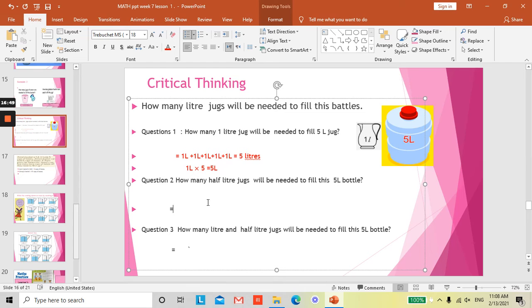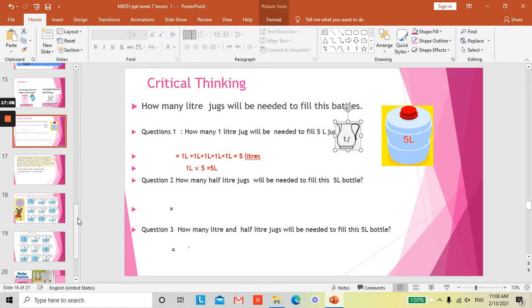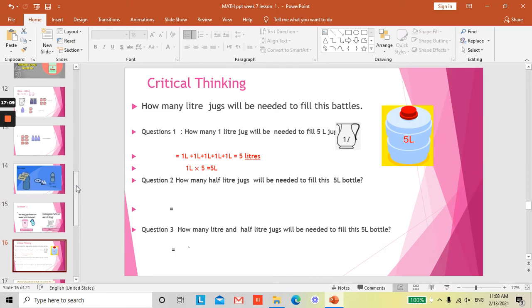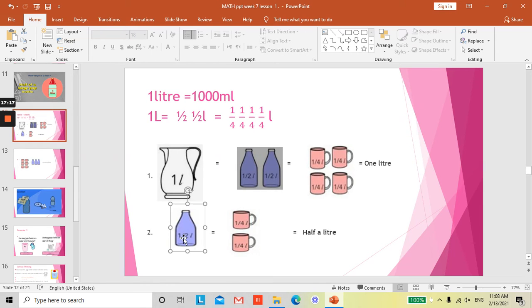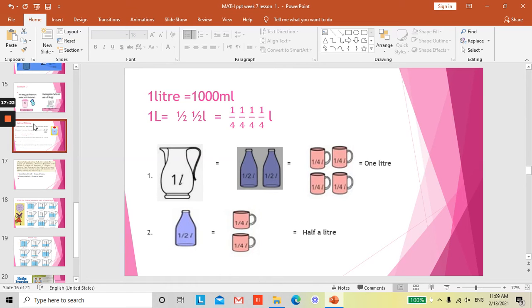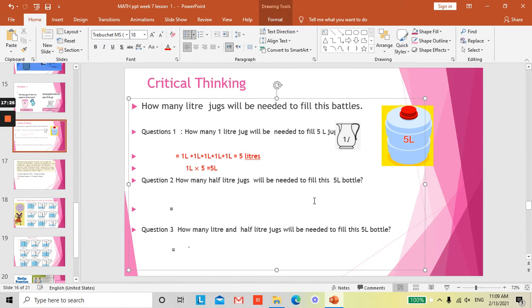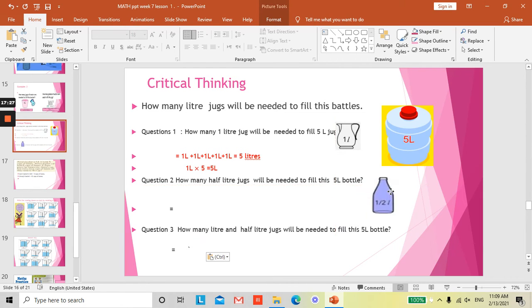Question 2. How many half-liter jugs will be needed to fill this 5-liter bottle? So we need to look for the half-liter jug.